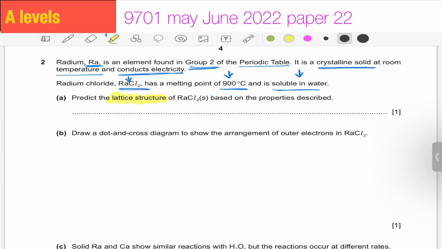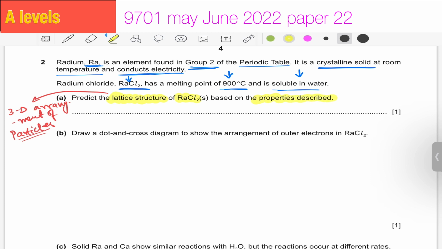We can simply describe lattice structure as a three-dimensional arrangement of particles. Here the particles are ions.